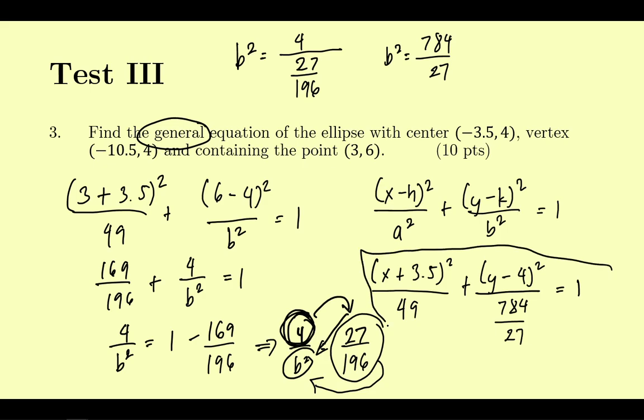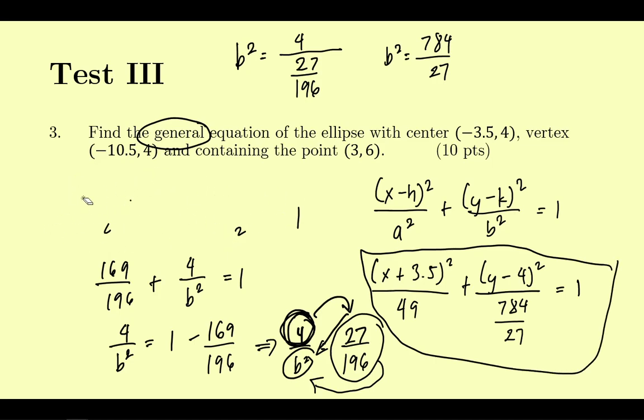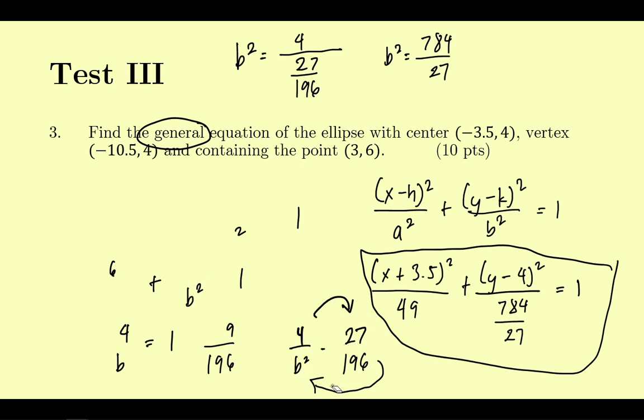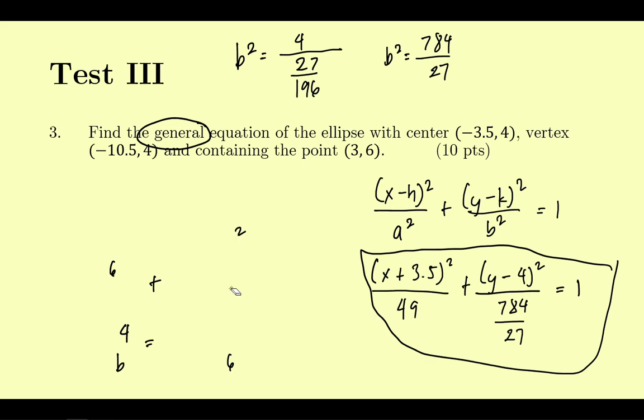Yan pa lang, I will accept na. Much better if you can apply this procedure here. Watch closely. We are going to bring this one up. Itong 27, dahil nasa ilalim siya, you can bring this one up to simplify.